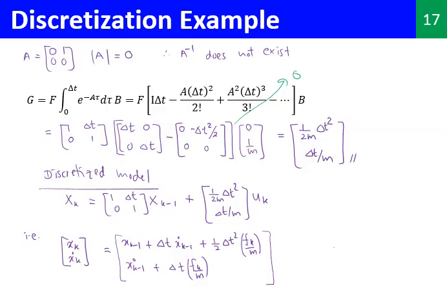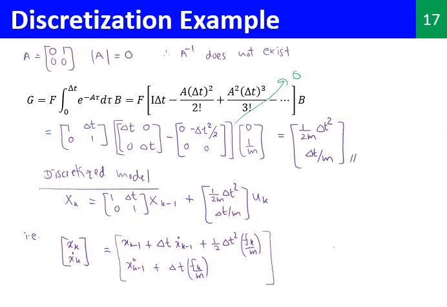Now if we look carefully, we see that the next position is equal to current position plus current velocity times delta t plus, so this is acceleration, right? So half acceleration times delta t square.